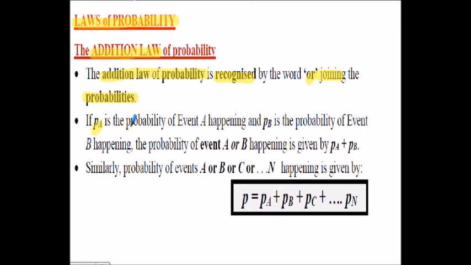So if PA is the probability of event A happening and PB is the probability of event B happening, the probability of event A or B happening is given by PA plus PB. Similarly, the probability of events A or B or C or N happening is given by the expression P equal to PA plus PB plus PC, etc.